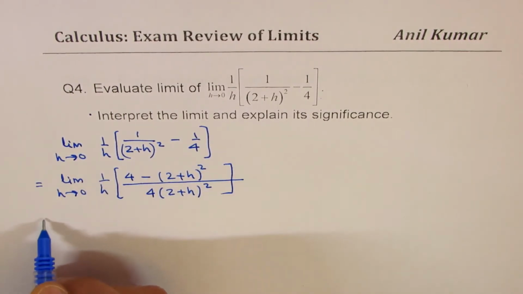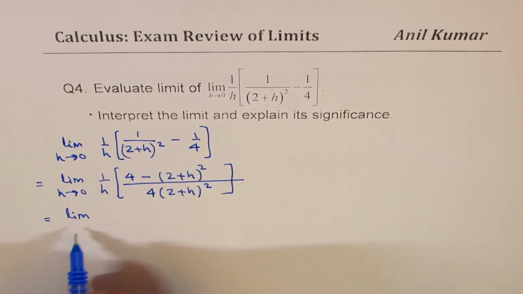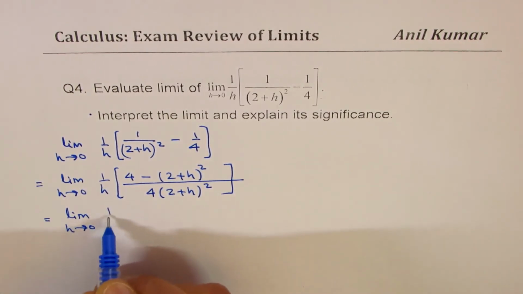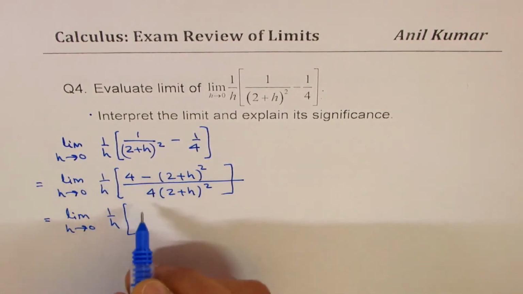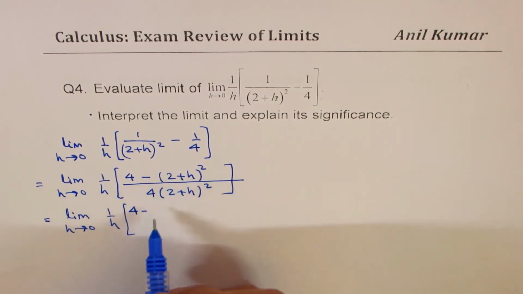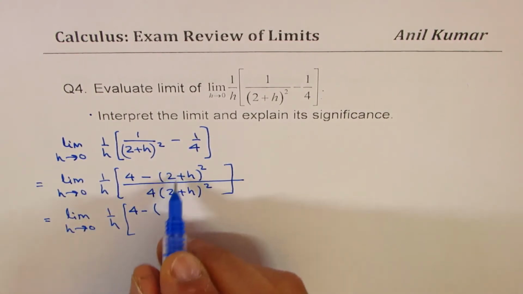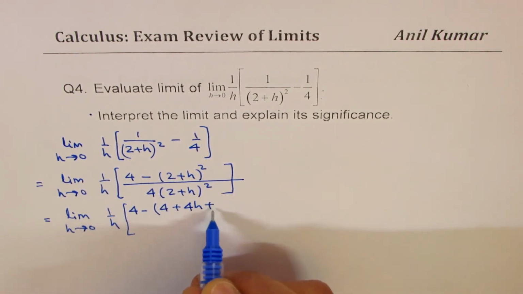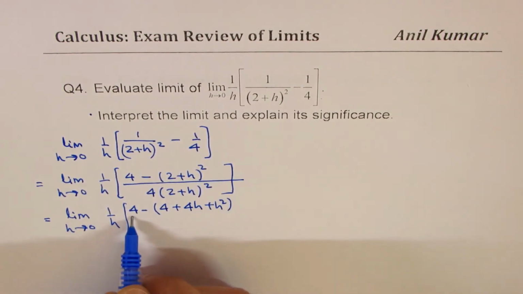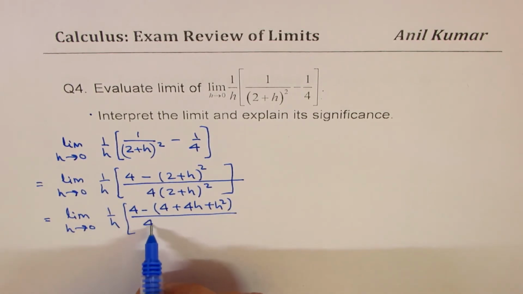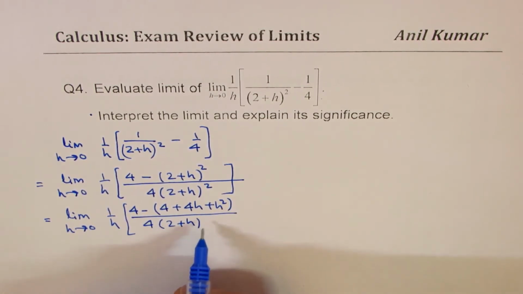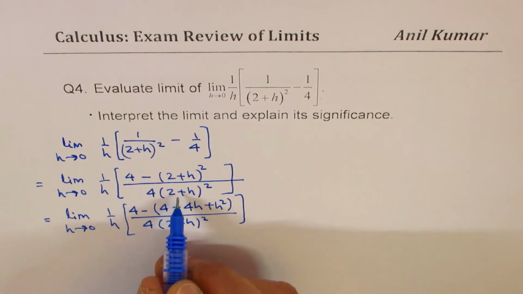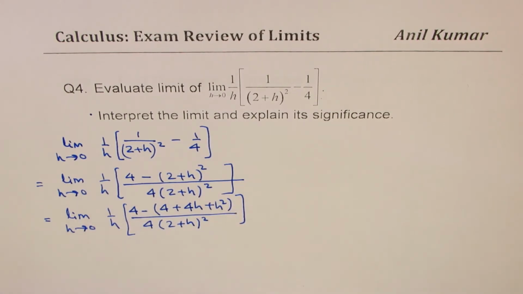Clear? Now, we could write this as limit h approaches 0, 1 over h. Let's expand 4 minus. So what we get here within brackets, I'll write down a squared plus 2ab, which is 4h plus h squared, right? Divided by 4 times (2 plus h) whole squared. Do not expand the denominator ever. Okay, is that clear?